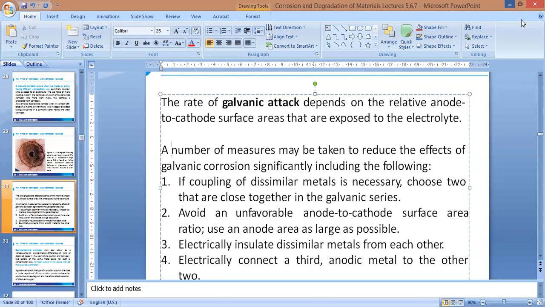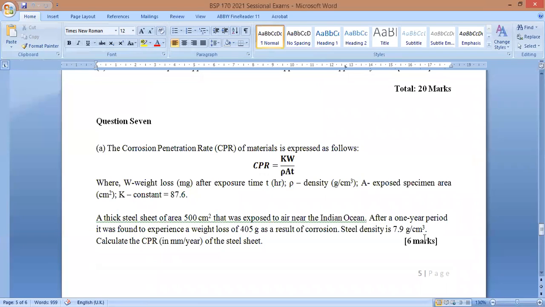Can you share the screen for the question? Oh, you can't see the screen. Oh, sorry. Okay. Can you see it now? Yes.